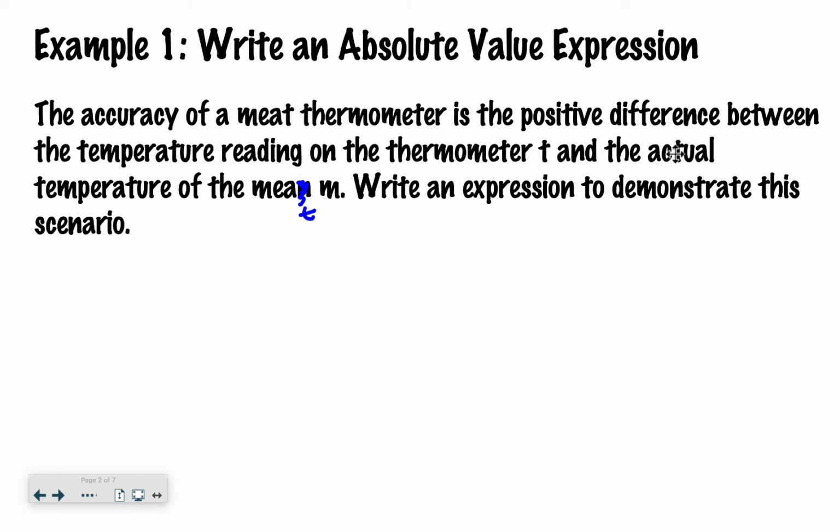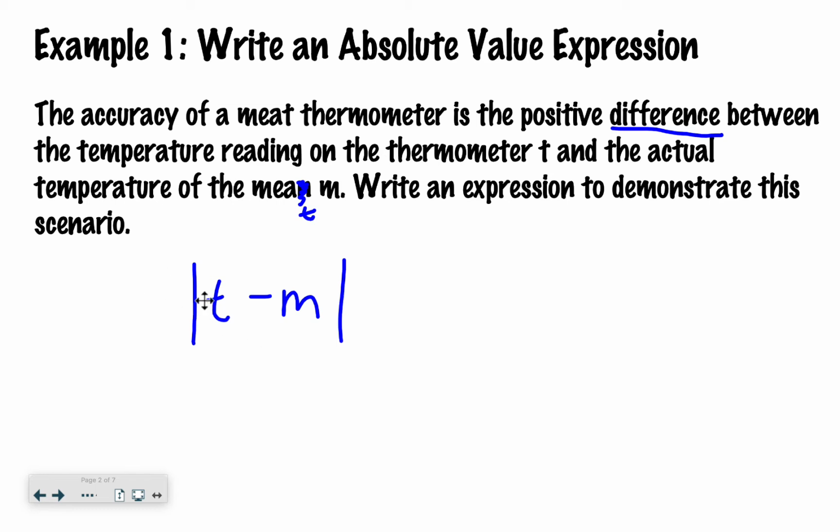Okay, so we're talking about the difference between, and some of you might be confused by the descriptor word here, the positive difference. So the word positive in this situation is talking about the absolute value. So it's talking about the absolute value of the difference between the temperature reading on the thermometer, T, and, difference means subtraction, the actual temperature of the meat, M. So I would write an expression like that.